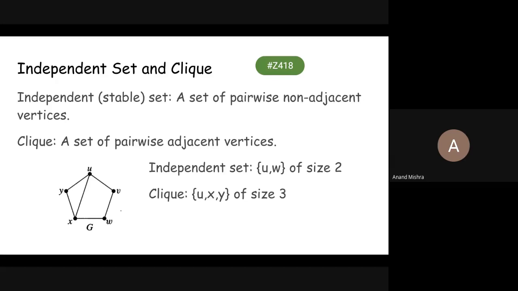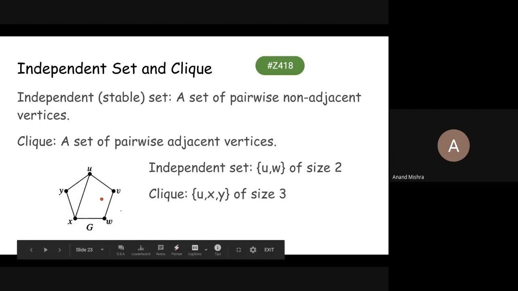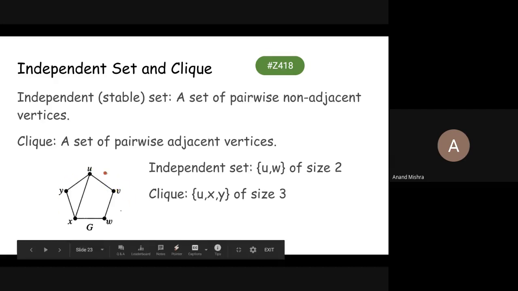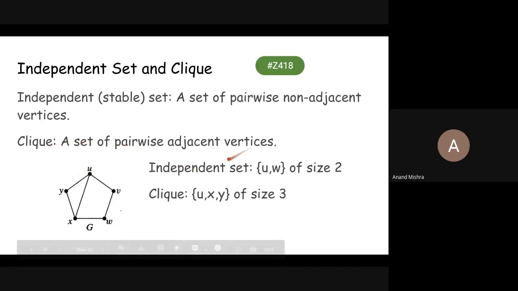YPW, but PW are connected, so that's not an independent set. In an independent set, all the elements should not be connected to each other. So you cannot find an independent set of size more than 2 in this graph.